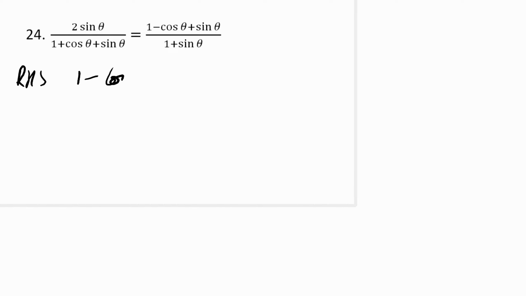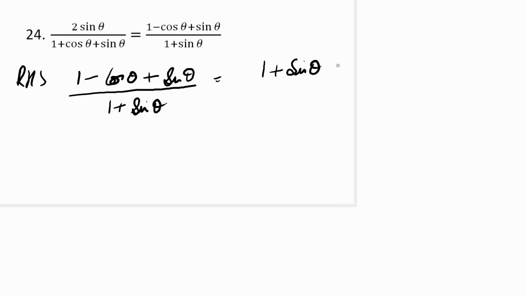1 minus cos theta plus sin theta upon 1 plus sin theta. Now what we will do, we will write it like this: 1 plus sin theta minus cos theta. We've written it like this because the denominator also has 1 plus sin theta.